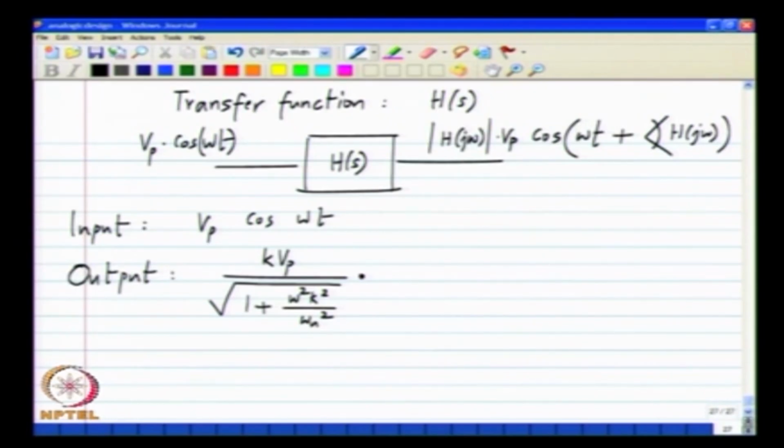This is Vp multiplied by the magnitude of the transfer function, and cosine of ωt minus, because the angle is always negative for this particular transfer function, tan inverse of ωk by ωu. Of course, this is a rather complicated expression, but we have to make sense of it as usual by making suitable approximations.